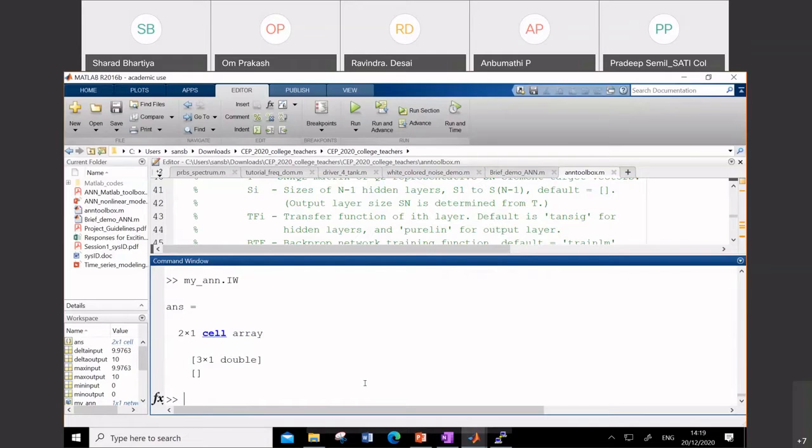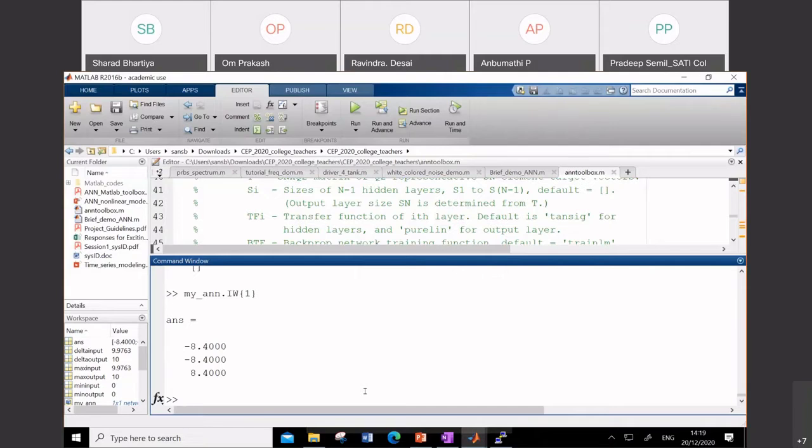I think if I do it like this and I do 1, these are the default values that when you created a neural network, it already inserted for you. If you did not want default values, somewhere the default option is to select my initial weights and biases randomly. If you don't want that, you can turn it off and specify that these are my initial weights and biases. So that ability to maneuver is there with you.